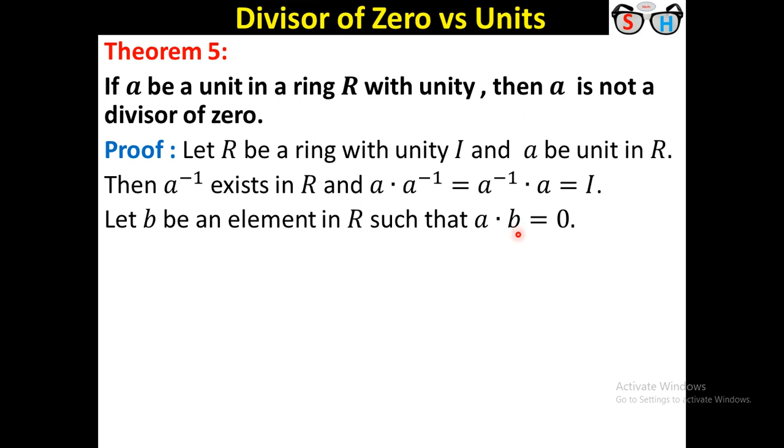If you can find a non-zero element B, you can conclude that A is a left divisor of 0. Otherwise, A is not a left divisor of 0. Okay, if you cannot find any non-zero B, then we can conclude that A is not a left divisor of 0. That is, if A dot B equal to 0 always implies that B equal to 0, you can conclude that A is not a left divisor of 0.